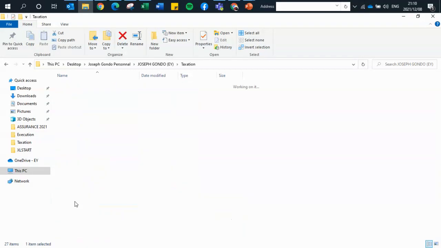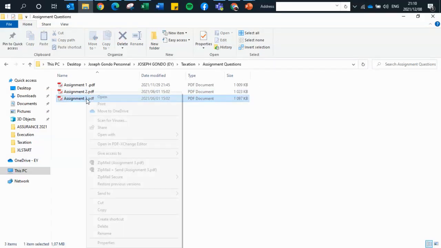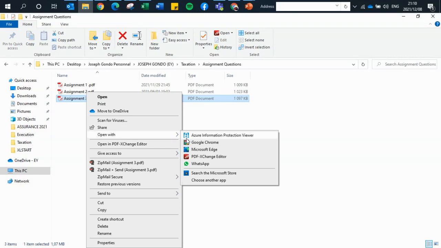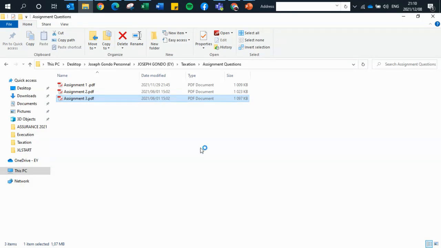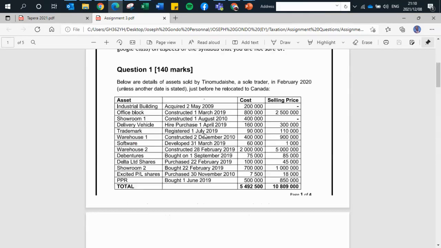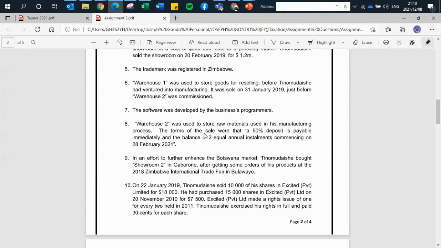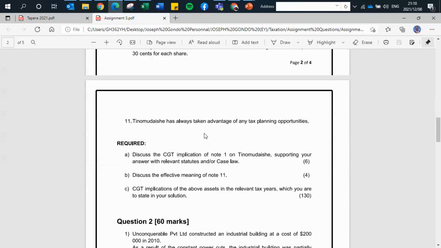Taxation, assignment questions, assignment number 3. I think that was capital gains, isn't it? The assignment that was given, we once wrote it as a test.